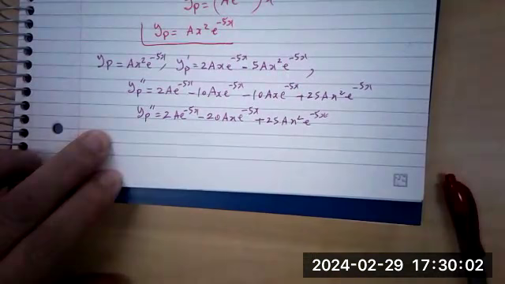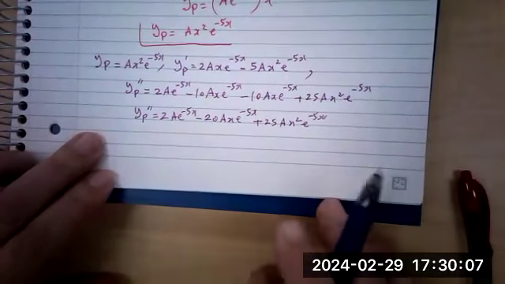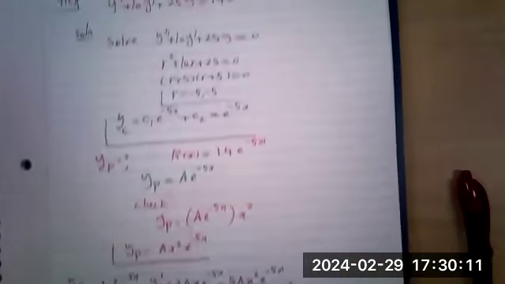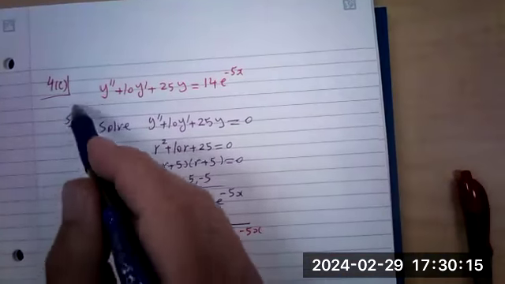So you have to take all this back to the original equation, and everything would be nicely canceled out, and then you'll be able to find it. Okay, this is going to be your original equation.